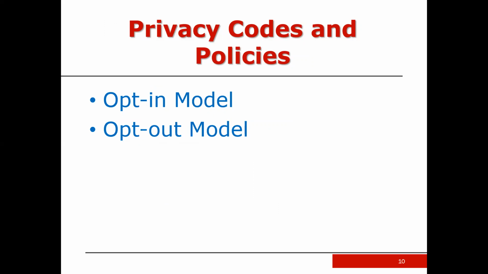Now, organizations should set up a formal set of codes and policies to govern the protection of information from its customers, clients, and employees. Now, these policies are generally, but not always, available to the public. And they often fall into either an opt-in or an opt-out model. Opt-in models generally prohibit the collection of data unless the customer specifically gives consent to organizations to collect the data.